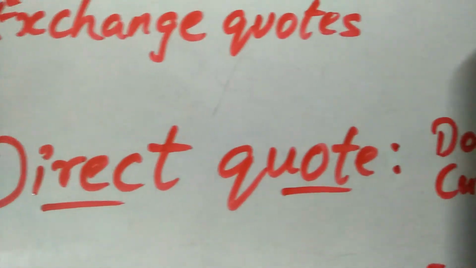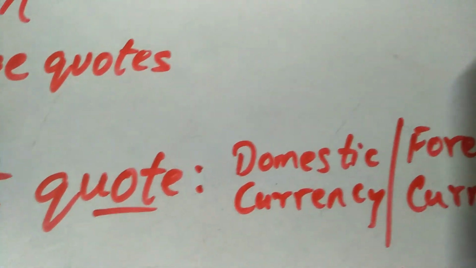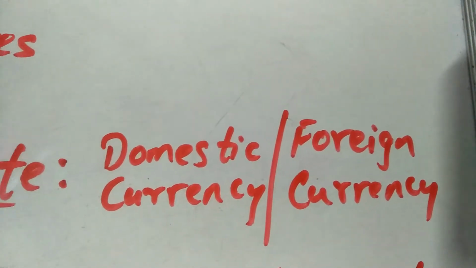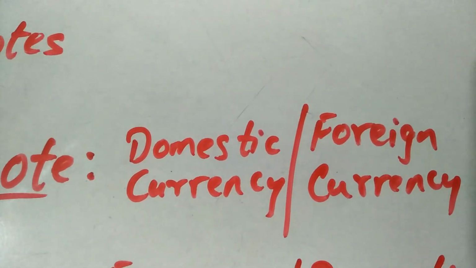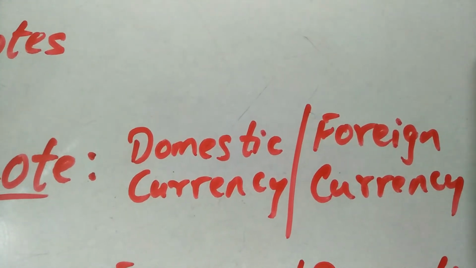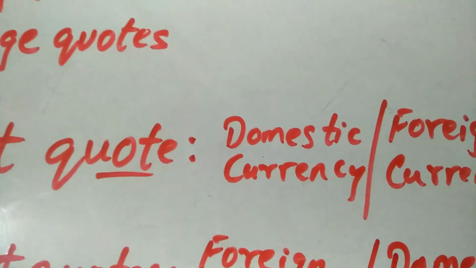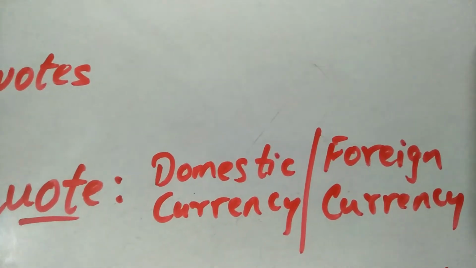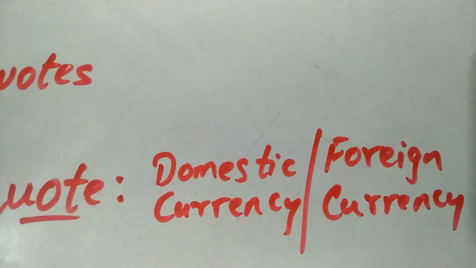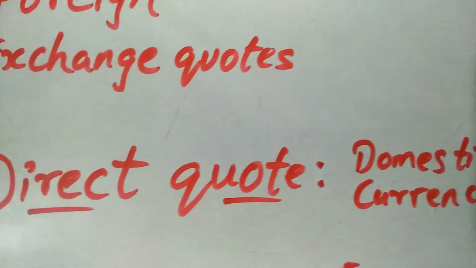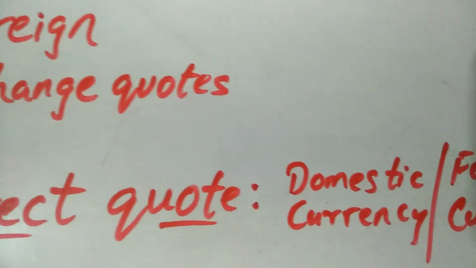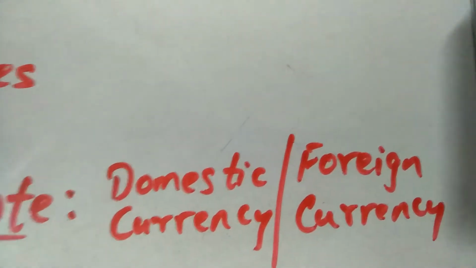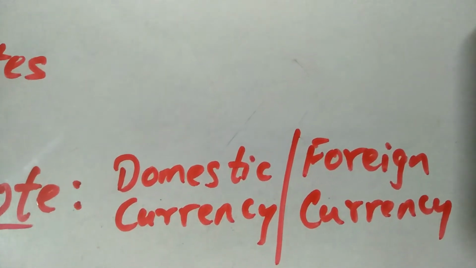A direct quote, in simple terms, is the domestic currency per unit of foreign currency. For example, 75 rupees per US dollar in India would be the direct quote, because the domestic currency is written first, that is the quoted currency, and the foreign currency is the base currency, which is written later on.